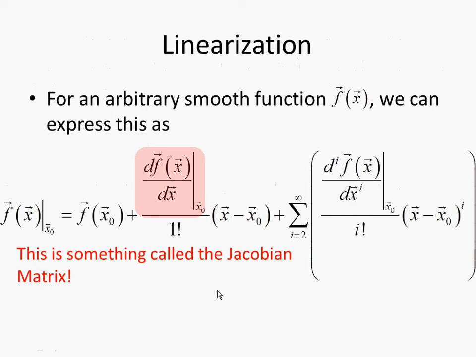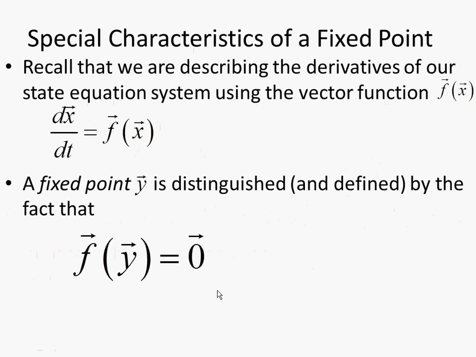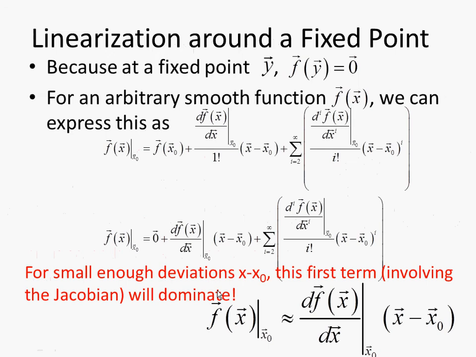All those are 0. So this term is going to go away around a fixed point, okay? That's what defines it as a fixed point. So at a fixed point, this first term goes away, and all we're going to have is this term. And by the same argument we used in 1D, if we get close enough around x sub 0, quite close, then these higher order terms go away, and basically all we're left with is this guy here, which is our friend the Jacobian.